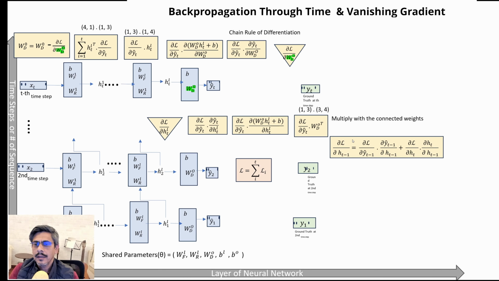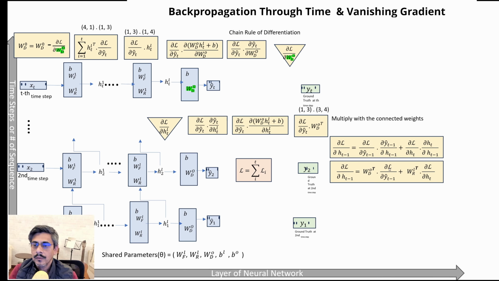It is again expanded in a similar manner: when we want to calculate the loss with respect to the hidden state, we calculate the loss with respect to the predicted value, which is y2 here, and also we want to calculate this, which will result in the weight. However, when you come here, this weight is not WF but WR, notice in the following step.